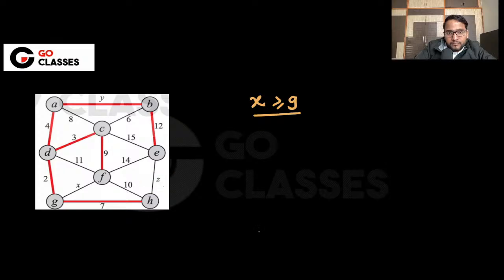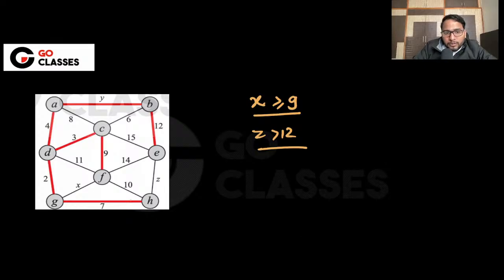If you bring this Z, then Z is forming a cycle with these edges. There will be exactly one cycle. So what is the maximum edge here? I think 12. So Z must be greater than or equal to 12. Why? Because it is forming a cycle like this.